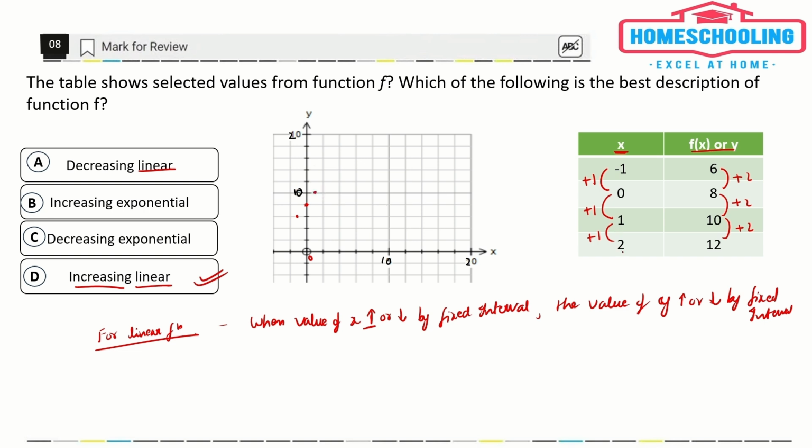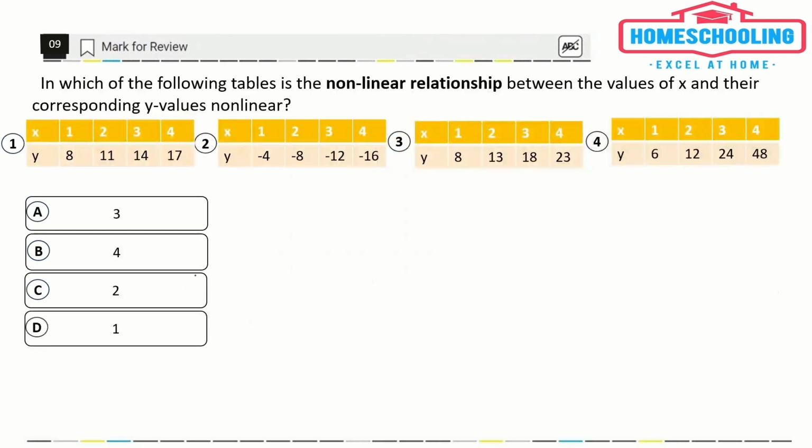And when x is equal to 2, y is 12. As we can see, this line is forming a linear increasing function because it is moving in an upward direction. So it is an increasing linear relationship. Now let's move on to the next question.